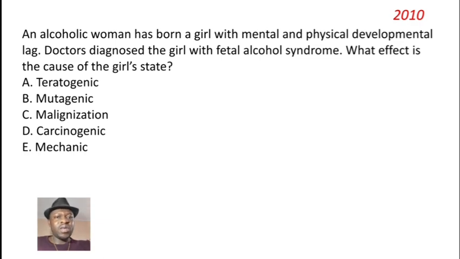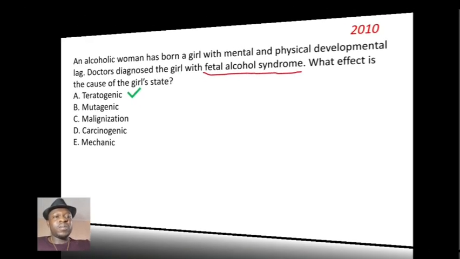I think we've come across this question before. This kind of question is teratogenic, and other than alcohol, there is toxoplasma, which also causes a teratogenic effect. So that's the answer, teratogenic effect. Next question.